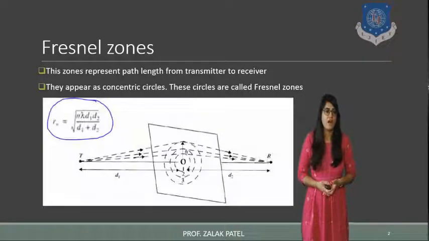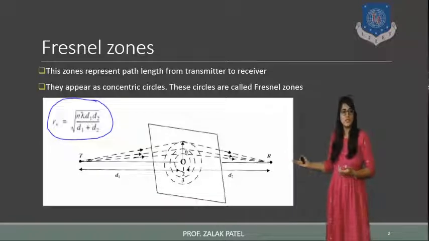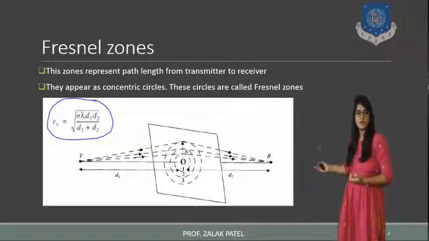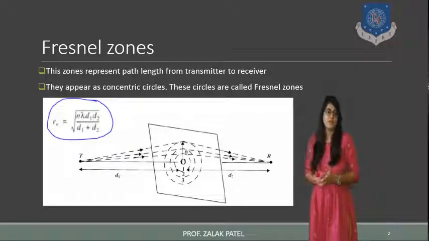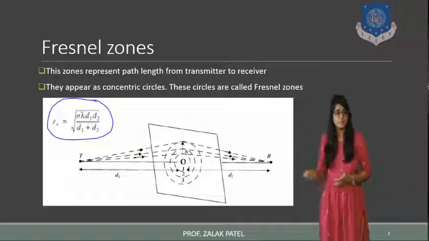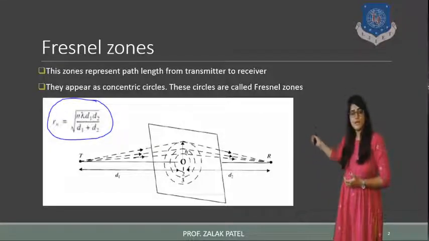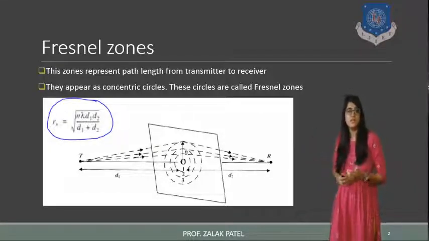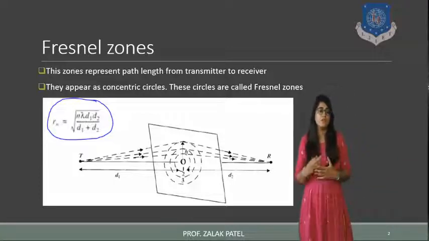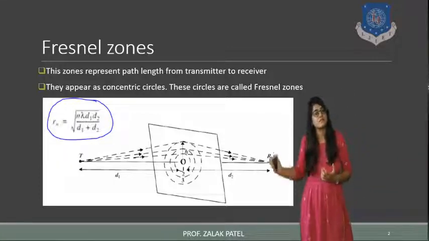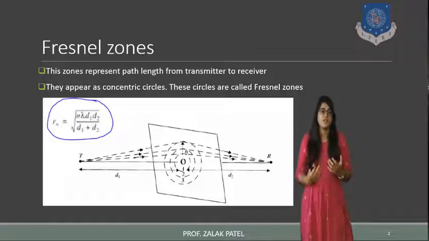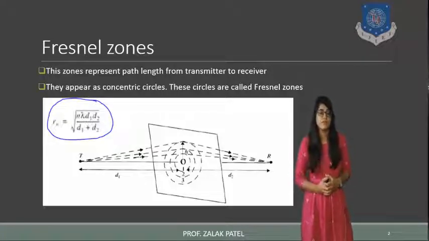So now let's see how it looks. Here you can see in this figure, T and R represent the transmitter and receiver. The concentric circles show the Fresnel zones, so the number of concentric circles you can see in this figure represents the number of Fresnel zones.